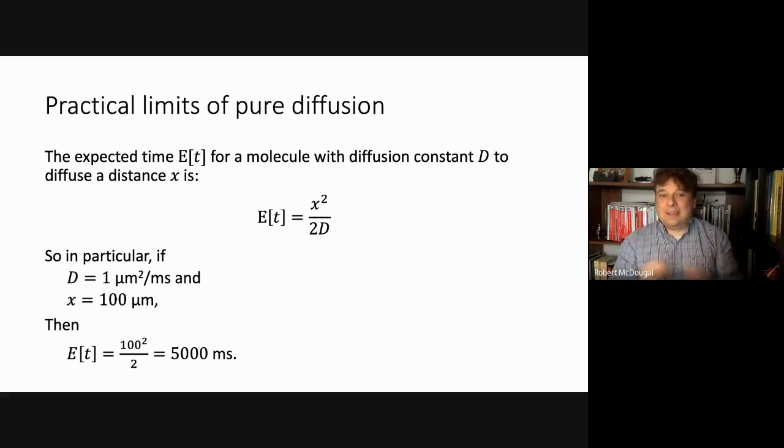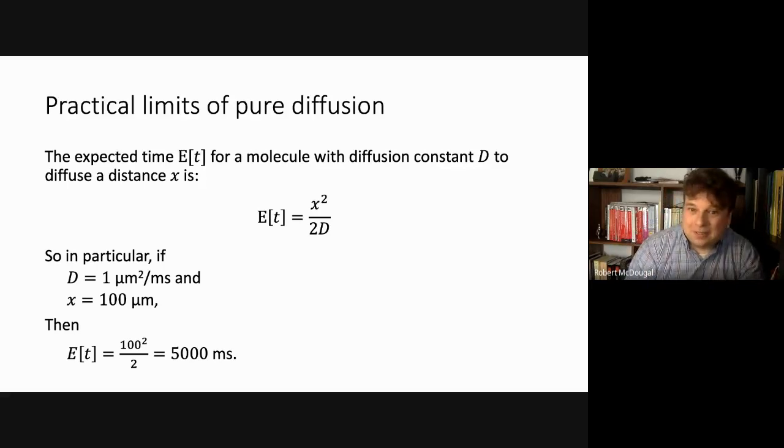So the punchline is pure diffusion by itself is really great for really small spaces, but it doesn't work so well for long distances. Here's another thing though. Remember that I said that the equations for diffusion are the same as the equations for membrane potential, the cable equation.